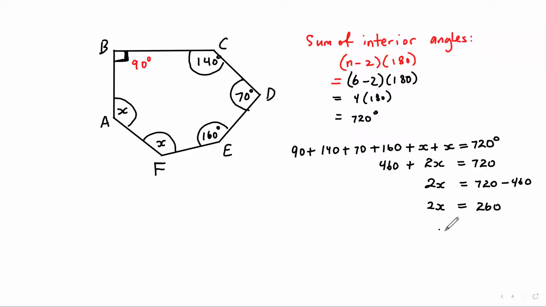And so x will be equal to 260 divided by 2, which makes x equal to 130 degrees. All right. So if x is really 130 degrees, then if I add 130 plus 130 plus 160 plus 70 plus 140 plus 90, I should get back 720, which I do. Right? So my answer is correct.